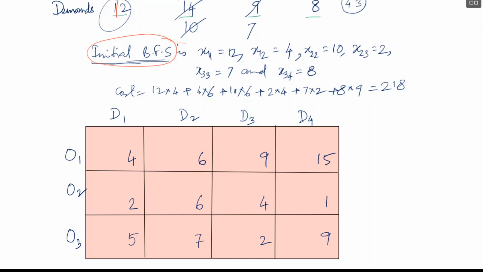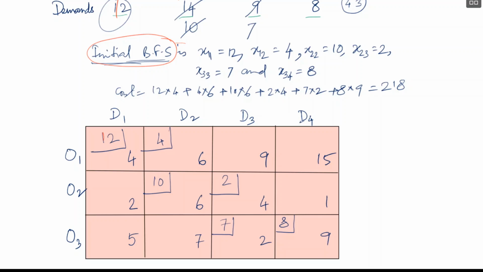So it is 12, it is 4, it is 10, it is 2, it is 7, and it is 8.